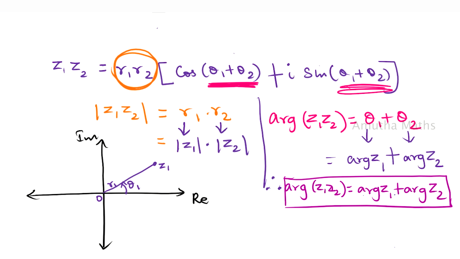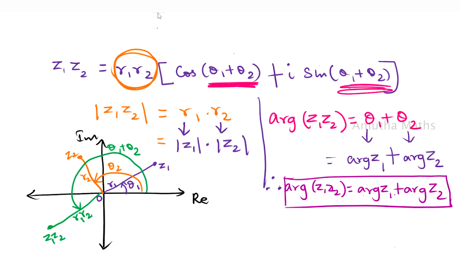Now let Z2 be another complex number which makes an angle theta 2 with the positive side of x-axis, and let R2 be the distance of this complex number from the origin. Then where will Z1 into Z2 be? Z1 into Z2 will be somewhere here. So this makes an angle theta 1 plus theta 2 with the positive side of x-axis. So this is the diagrammatical representation.